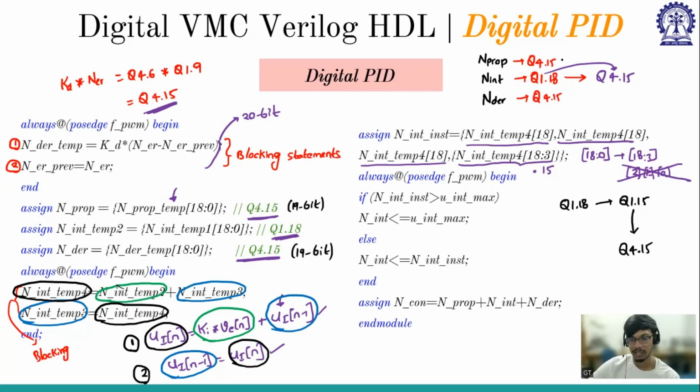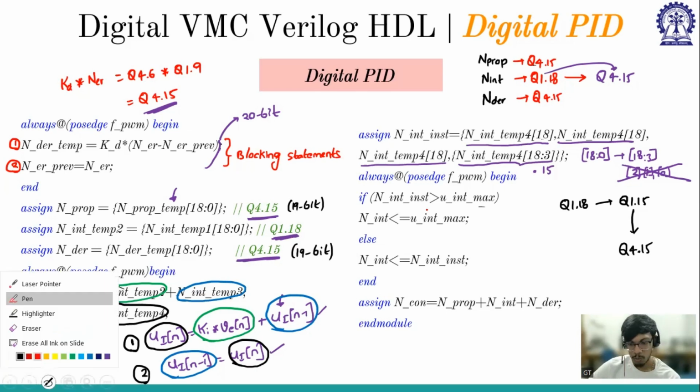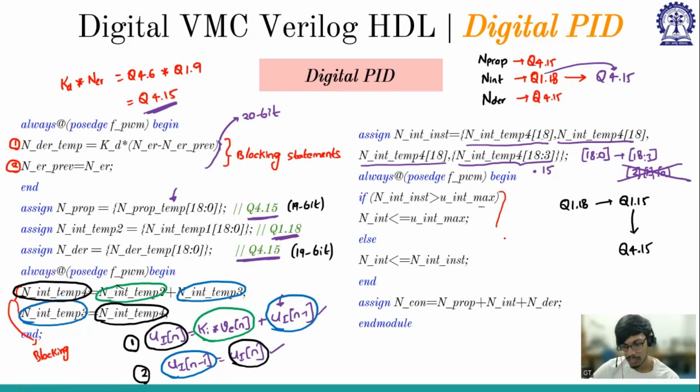Now all 3 of them are in the same format, so I can add them together because the Q format is the same. And this is to put the saturation. Because the integral keeps on adding, say we have n number of bits, say 0, 1, 1, 1, 1, 1, 1.